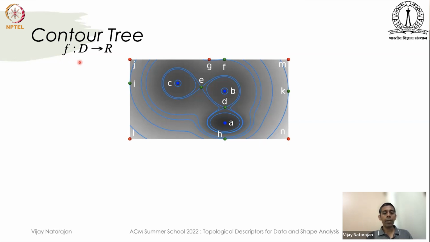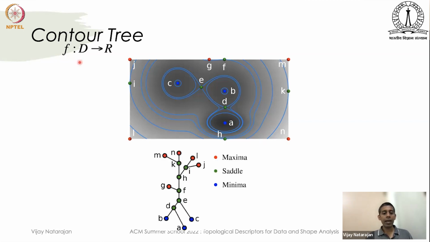Okay. You can see that there are two minima, at least B and C. Well, there's a third minimum, A. And what you see on the bottom is the Reeb graph, or the contour tree in this case. So no cycles. There are three minima, and there are a bunch of saddles. Each saddle you can immediately see has degree 3, and the reds are the maxima.